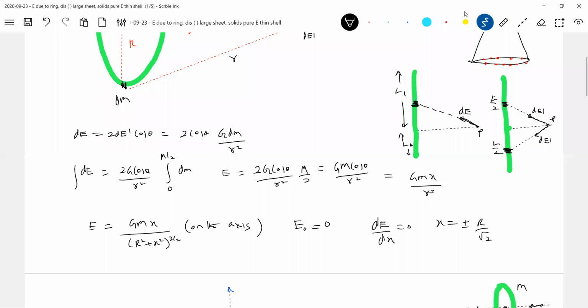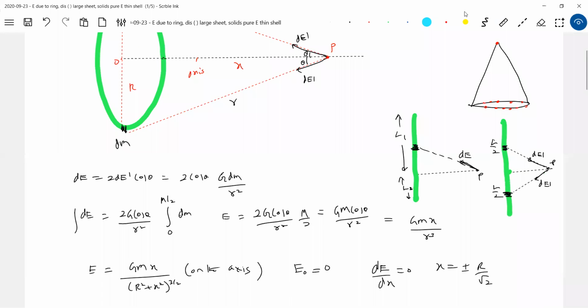So in place of m, what should you write? Look at this equation. In place of m, dm. In place of capital R, small r, and everything else is the same. Again, don't assume things on the elemental ring. Already you did. So you should take help of this particular formula.